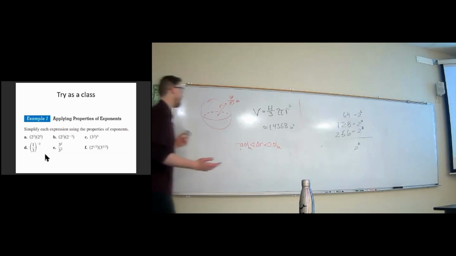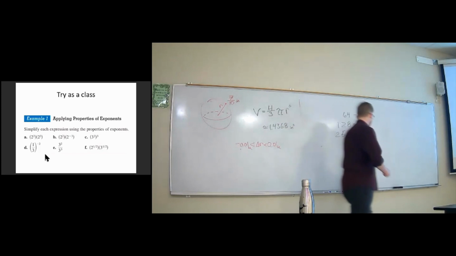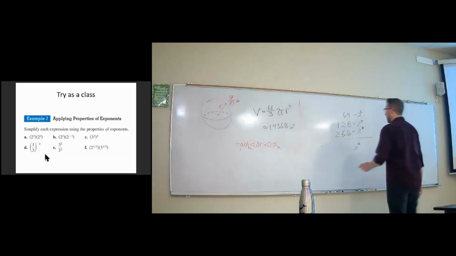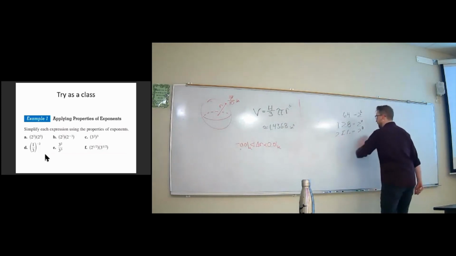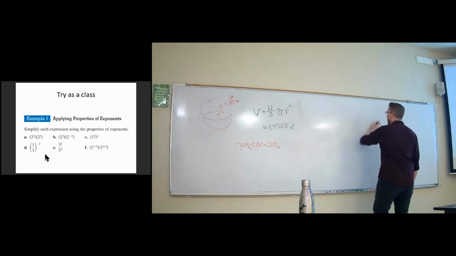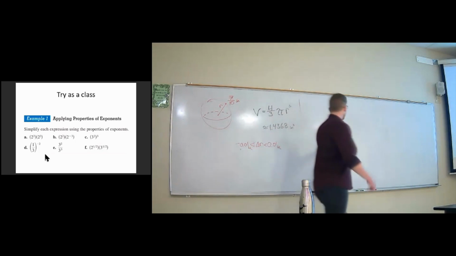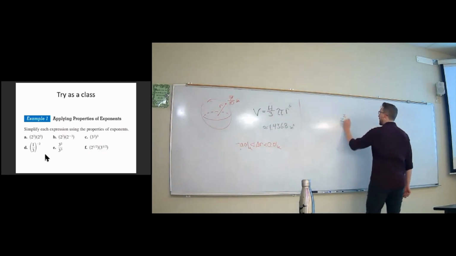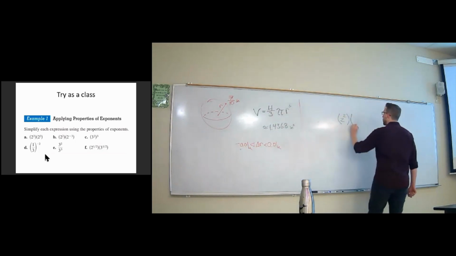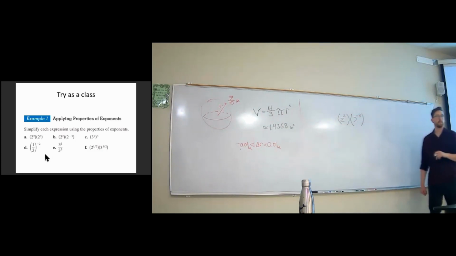So I'm not going to spend a whole lot of time on this section because I think we already, for the most part, know this stuff. But as a couple quick examples, 2 to the second times 2 to the negative third can be calculated in a couple different ways.